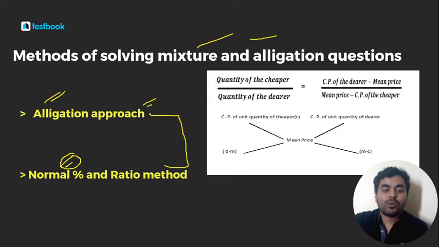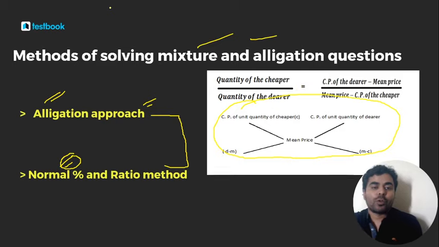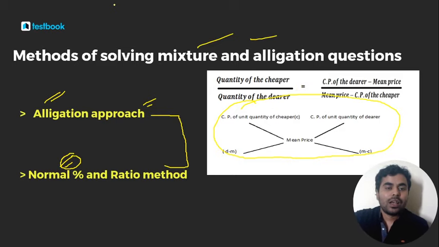And what is the allegation approach? You can see it in this picture. If you want me to explain it in detail, suppose I ask you a question: there are two varieties of rice. The first variety is worth 60 rupees per kilogram.